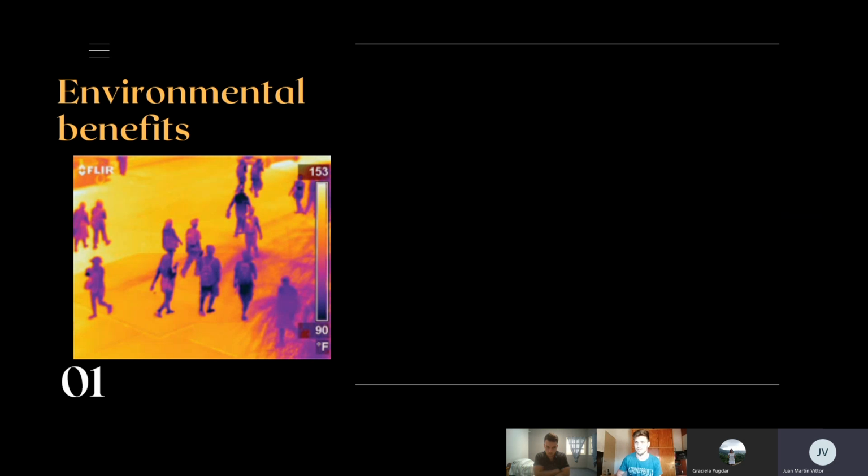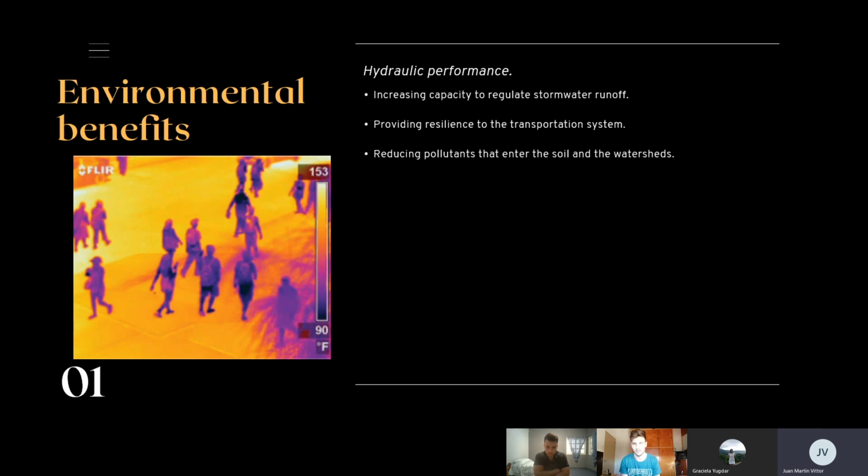The first benefit is hydraulic performance. It depends on the porosity degree, its permeability and compaction degree, as well as the use of additives can improve its durability. The use of permeable concrete, as already said, contributes to regulate stormwater runoff and provide resilience to the transportation system.